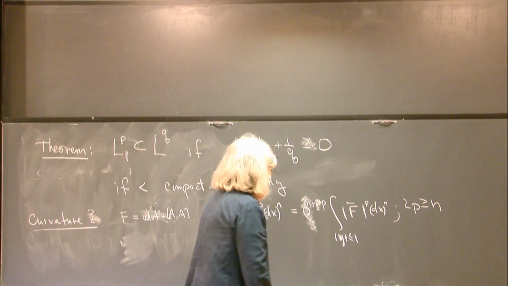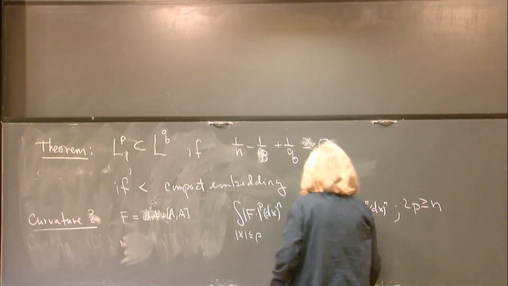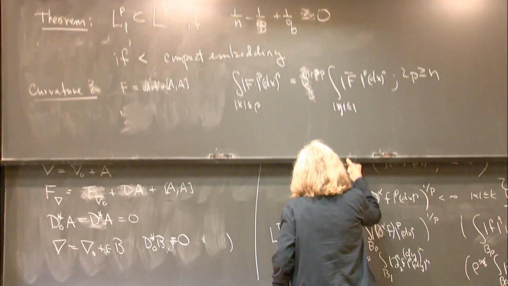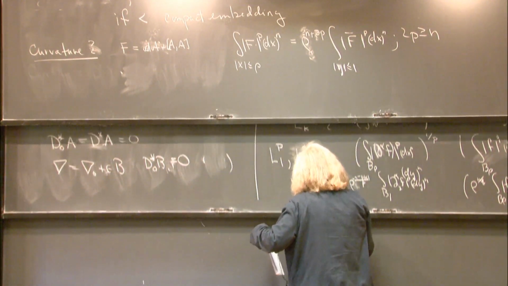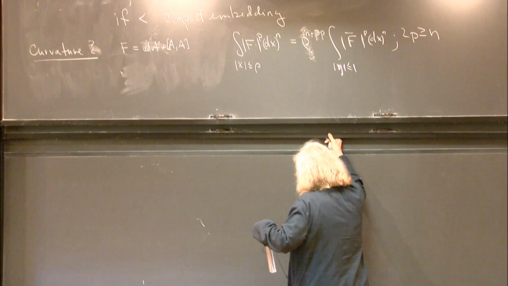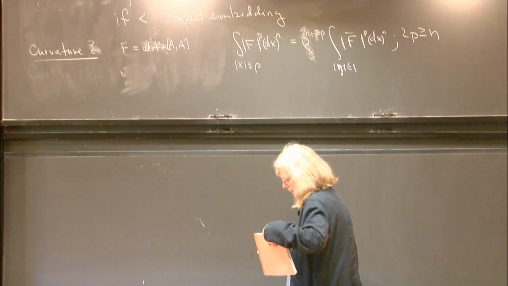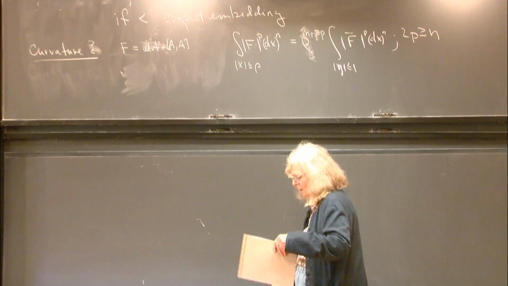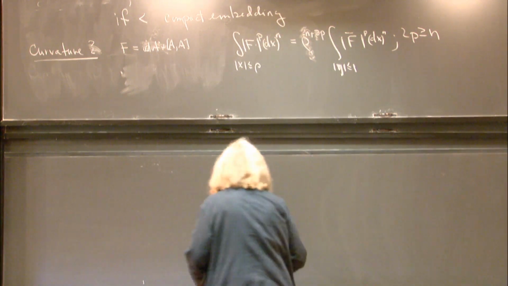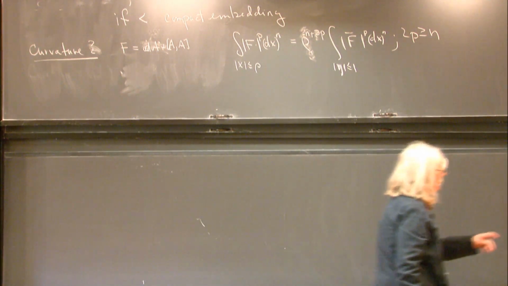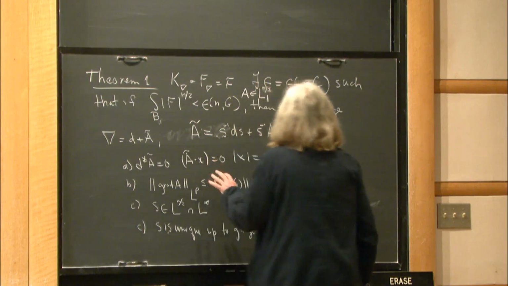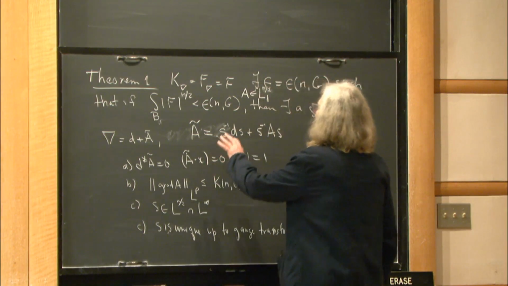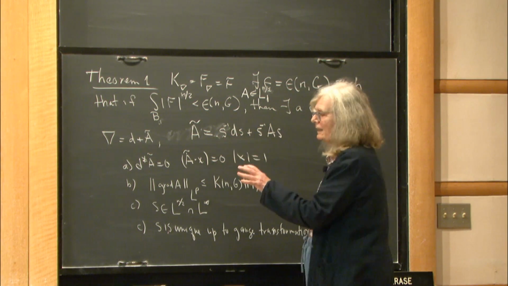Okay, so now we go to theorem 1. So the claim is that P in n over 2, so this is an n-dimensional theorem.